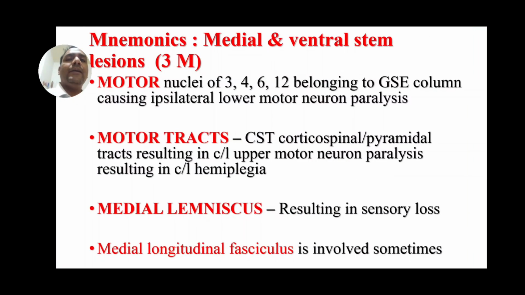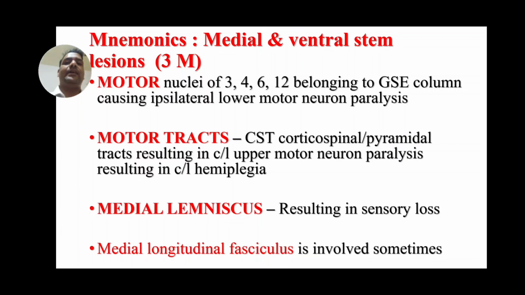So remember the mnemonic for the medial and ventral brainstem lesions as 3 M's. That is, it involves motor nuclei, which are the nuclei having motor fibers, 3, 4, 6 and 12, belonging to the general somatic efferent column. Then motor tracts like the corticospinal tract, also called the pyramidal tract, resulting in upper motor neuron paralysis and producing contralateral hemiplegia.